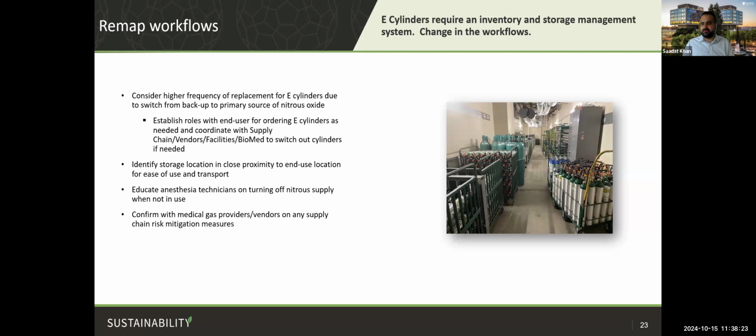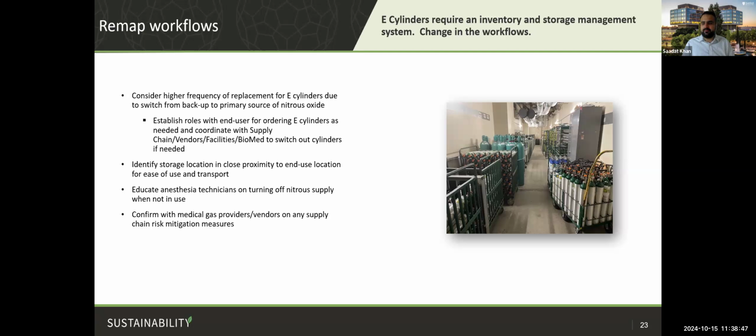And as you can see, this hosts all of our e-cylinders and H tanks as well as backup storage. In our hospital, we have two people from our vendor team on site that are responsible for managing the inventory of this room and then transporting that to each of our end use locations in the hospital.